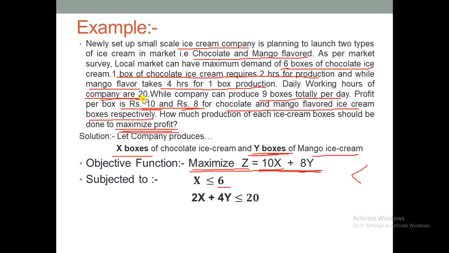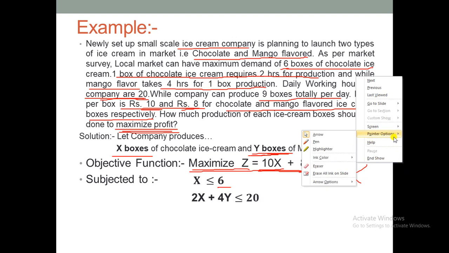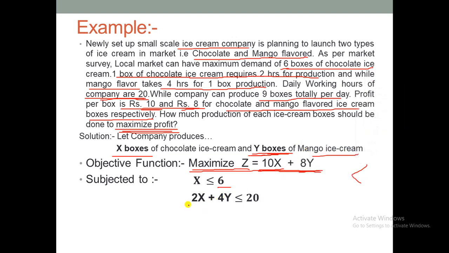So the next constraint will come out as 2x plus 4y, where 2x is the total time required for chocolate flavored ice cream box production, and 4y is the total time required to produce ice cream boxes with mango flavor. This total time should not be more than 20. It is either equal to 20 or less than 20. So we'll get the symbol here.